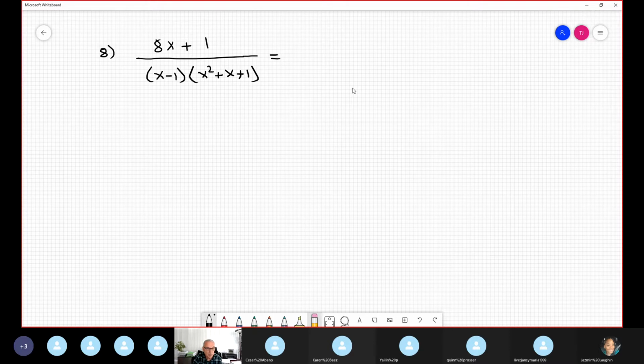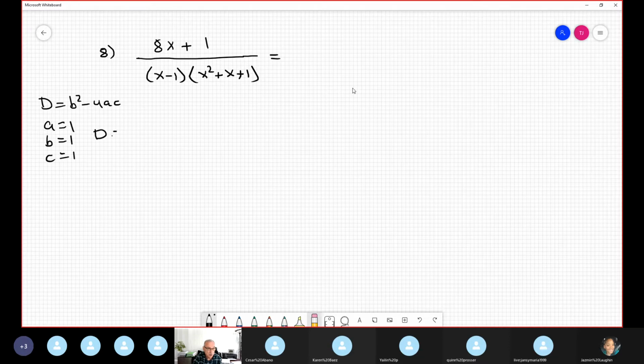Remember, guys, you want to investigate whether we can break it down in factorization. No. Why not? Because the factorization is complex. How do you know it's complex? Well, you can apply the discriminant, b squared minus 4ac. A, B, and C are 1 in this case.